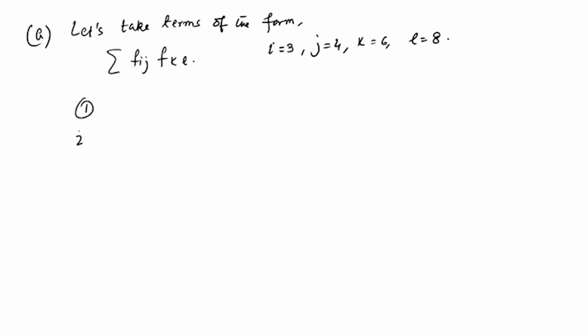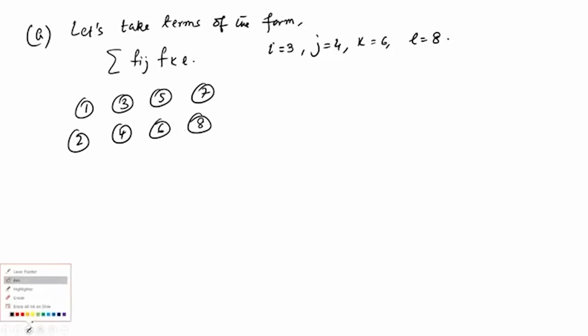Once again we write this 1, 2, 3, 4, a bit of an exercise, but it is worth it because then you understand what kind of pairing we are talking about, and let me show it with color. So we now have a 3-4 pairing, and we have a pairing between 6 and 8.